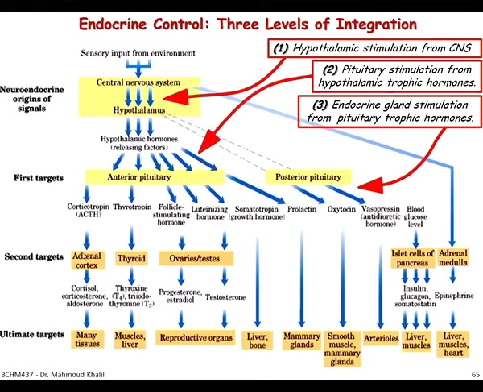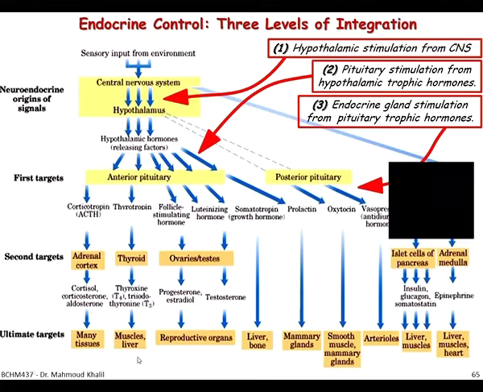At the second target, the hormone released from either the anterior pituitary or the posterior pituitary will affect the second target, as we said before, specific for each hormone, until reaching the final or ultimate target. In cases like the adrenal cortex and the thyroid gland, there is a second target before the ultimate target. But in cases like somatotropin and prolactin, there is only the ultimate target, with no step in between.